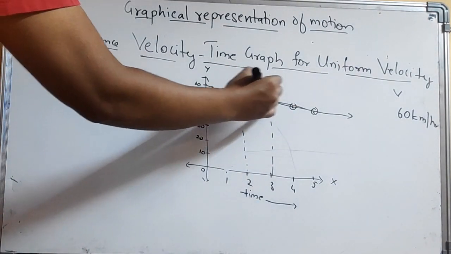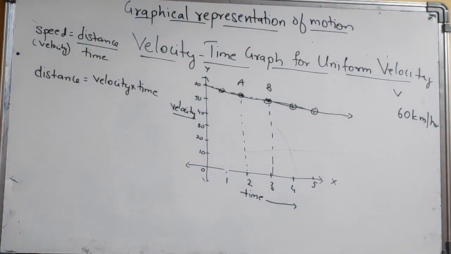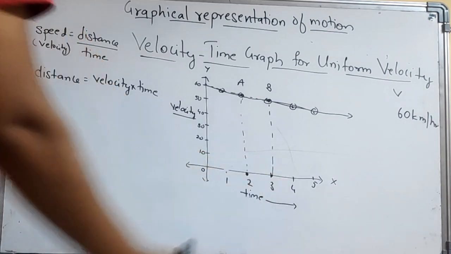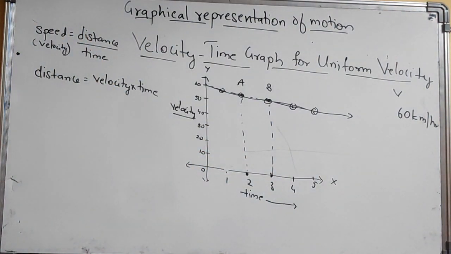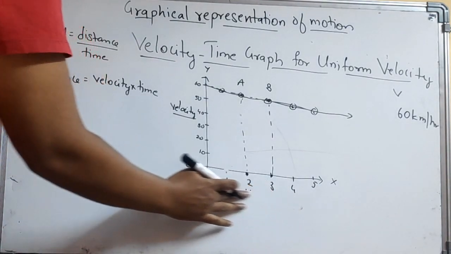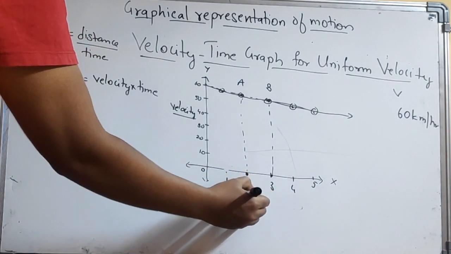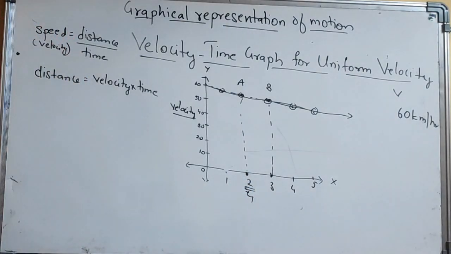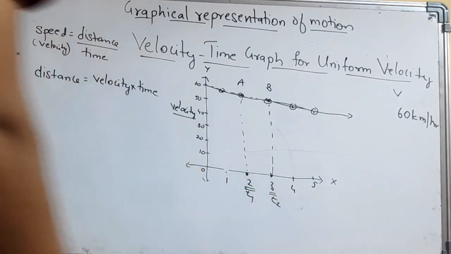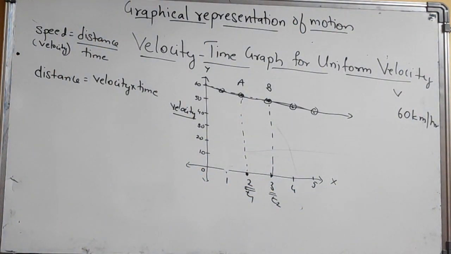This is point A and this is point B. This time, 2, represents the time at the initial point, that is t1, and this 3 is t2. So 2 is t1 and 3 is t2.